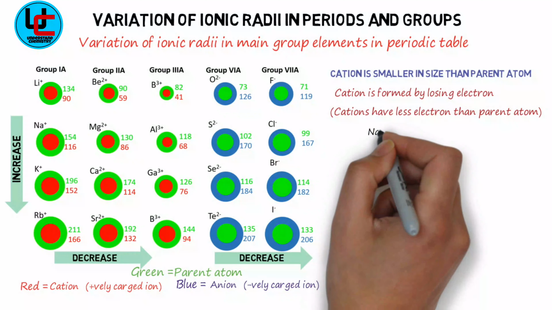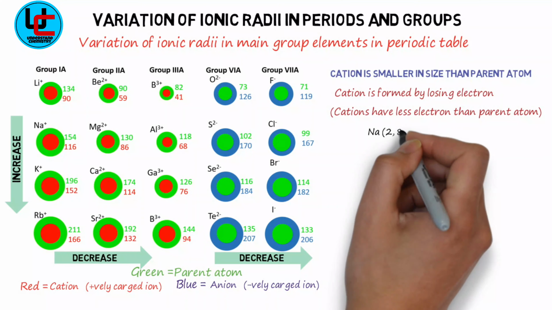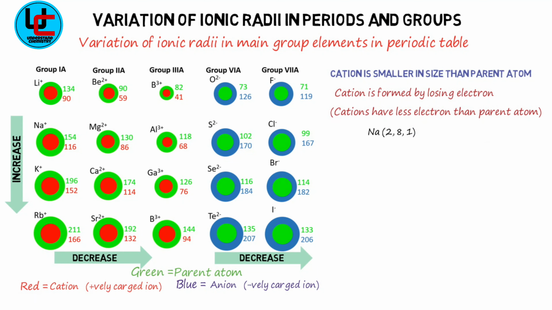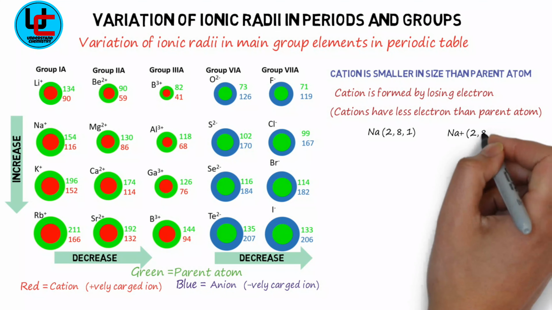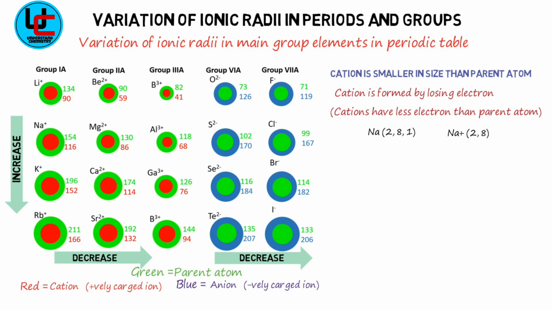For example, sodium has atomic number 11 and it has 2, 8 and 1 electron in the first, second and third shell respectively. When sodium forms sodium cation by losing its outermost shell electron, then it has only 2 shells left. As a result, sodium cation is smaller in size than the parent sodium atom.